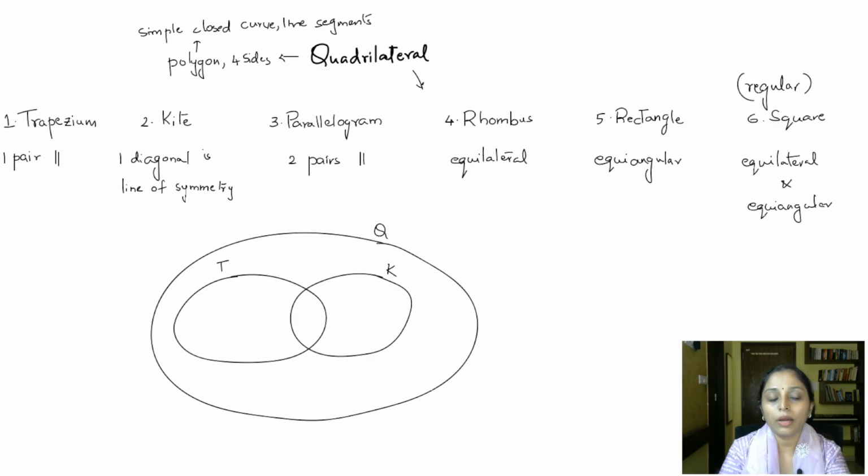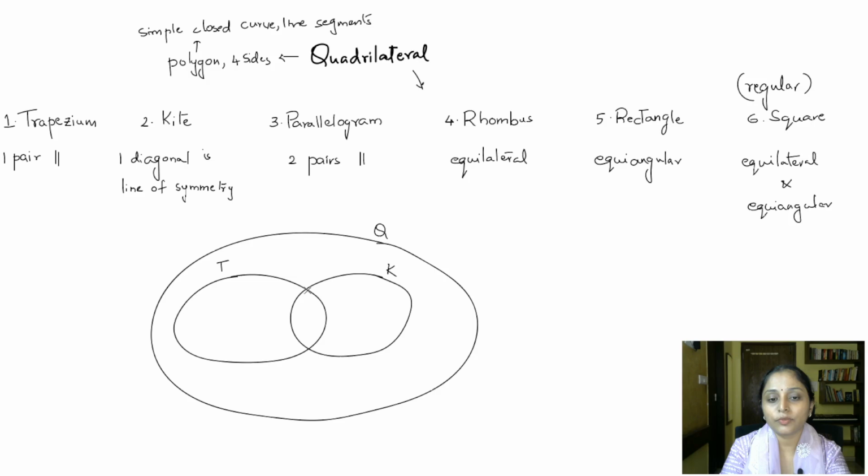Now coming to parallelograms. You know that all parallelograms are trapeziums, because if you have two pairs of opposite sides parallel, naturally one pair is parallel, right? So it has to be a subset of this T, the set of trapeziums.